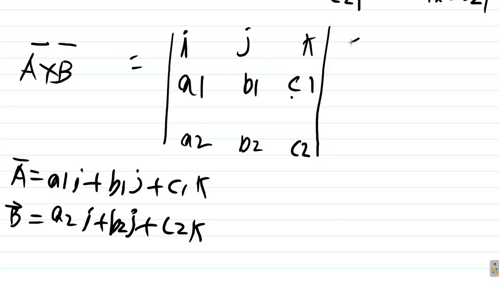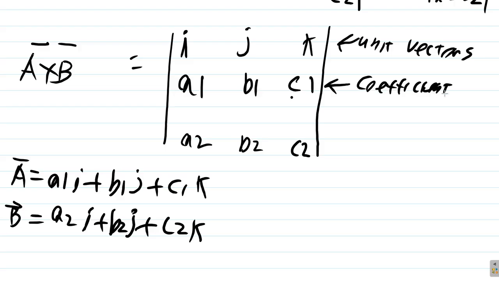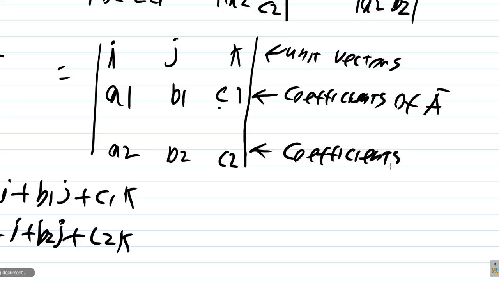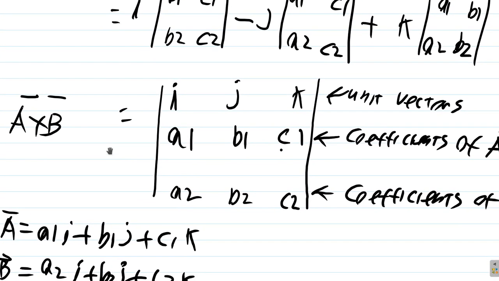So here, the unit vectors, coefficients of A, and here we have coefficients of B. All right, so that is the way we find the cross product of two vectors.